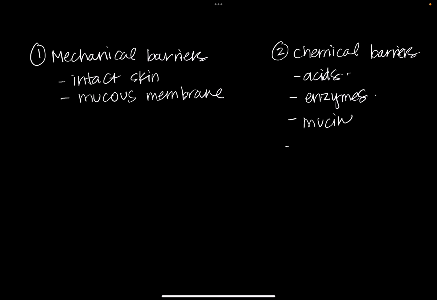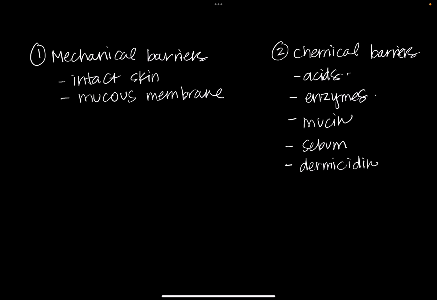Also, what is the oil produced by your sebum? That also provides some protection as well. You also have an antibiotic that your most prominent sweat gland produces called dermacidin. What is your most prominent sweat gland out of the 2 that you learned in Bio 32?